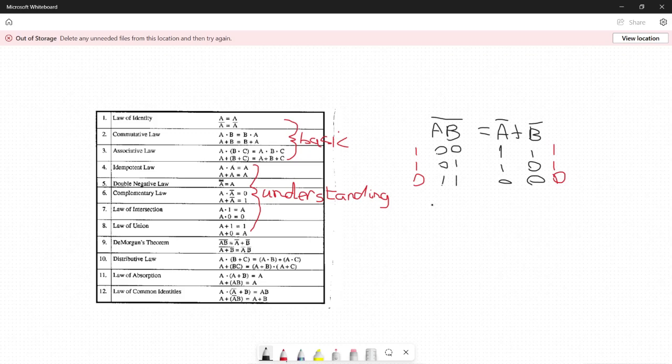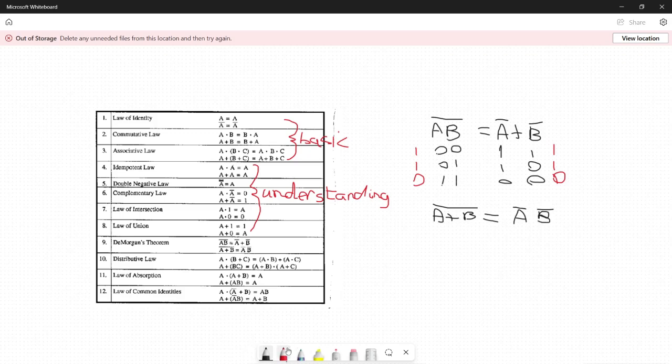Now, of course, once again, if you want to see a visual proof for it, go and watch the previous video again. Specifically go towards the NAND and NOR gates. So now we have A plus B, all inverted, is equal to A inverse, B inverse.